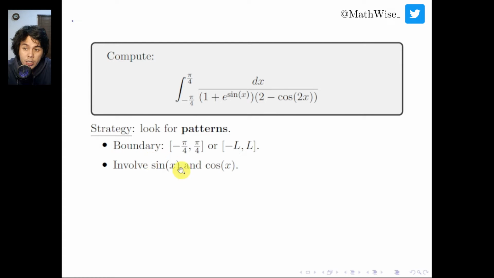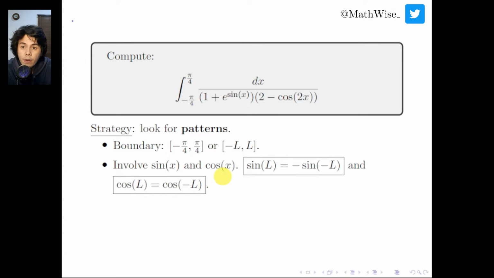We have an odd function, sine x, and an even function, cosine x. And relating to the boundaries, we have sine L equals minus sine of minus L, and also cosine L equals cosine of minus L. So these are two important pieces of information that might help us to solve the integral.